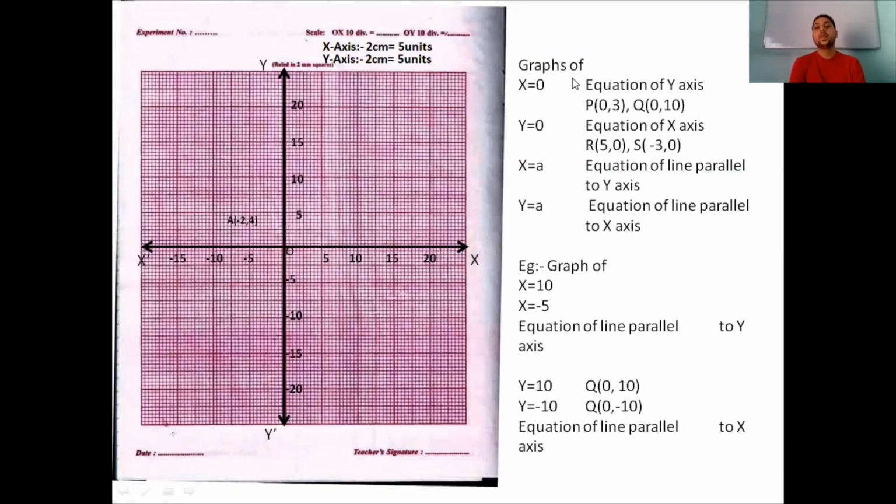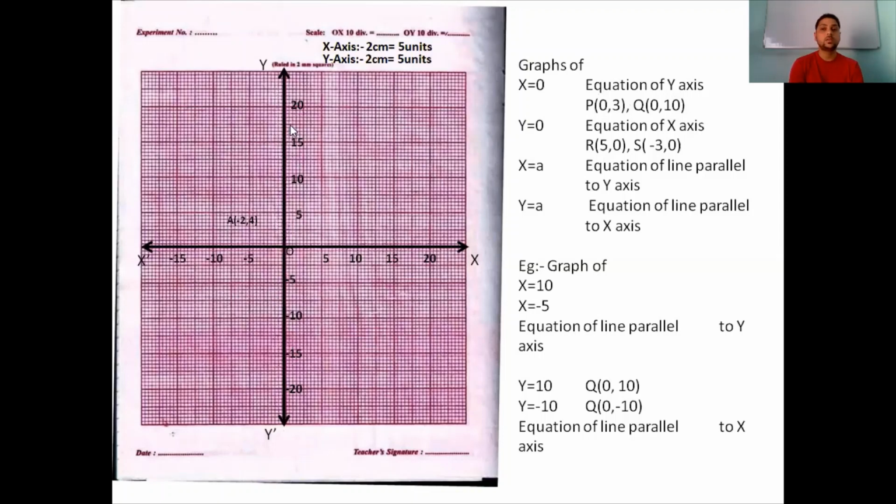Now the graph of x equal to 0. Whenever the x coordinate is equal to 0, we have the equation of the y-axis. Y can have any value, but if we fix the value of x, then the graph will always lie on this y-axis.